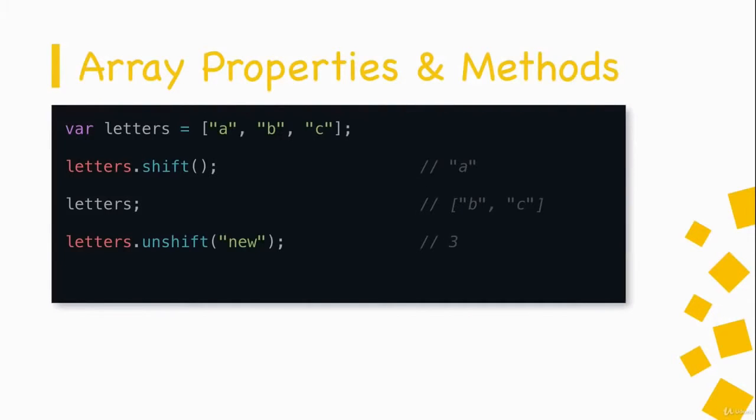So letters.unshift new will add the string new as the first element in place of A. So now the letters array contains 3 elements, new, B, and C. So you can use the unshift method to add a new element at the very start of the array. And you can do it as many times as you want. The new items will be added and all the other items will be pushed back.